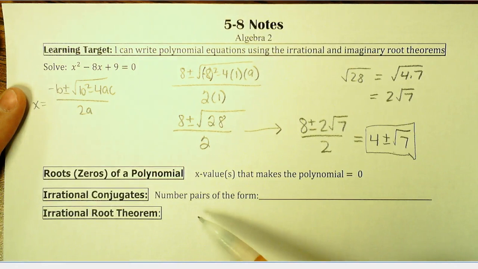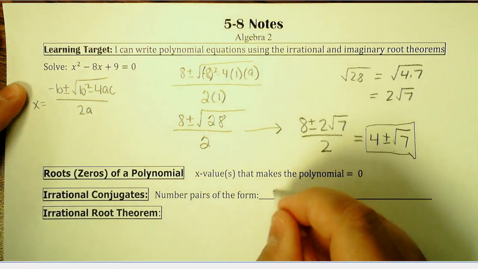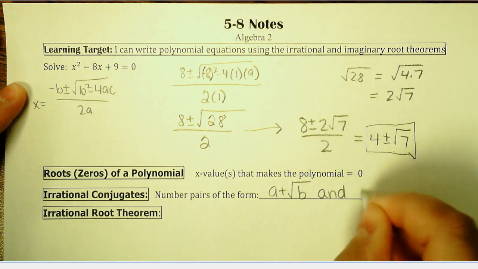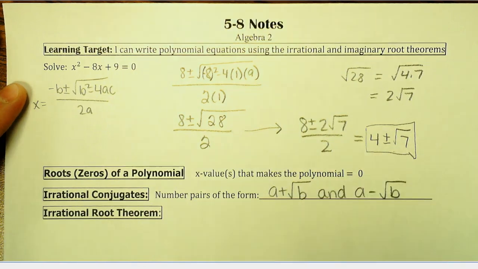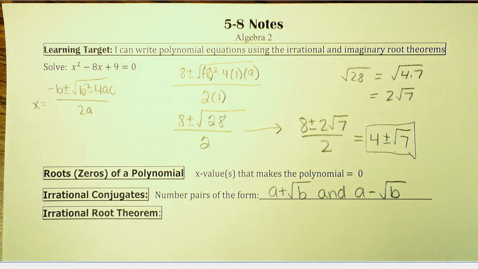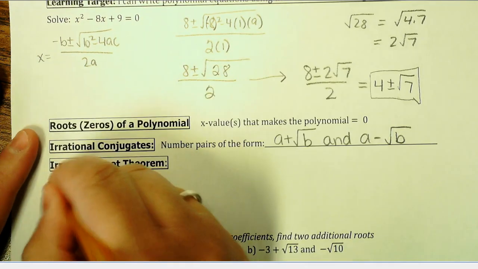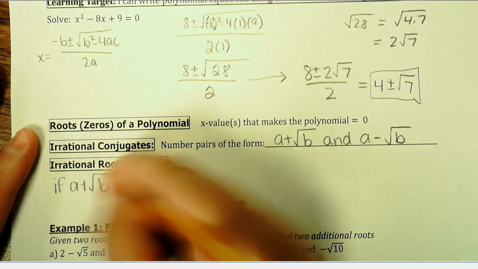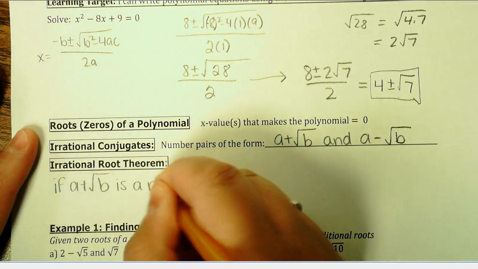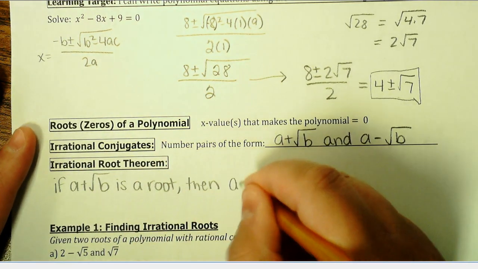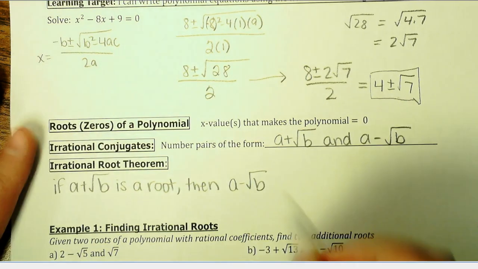Irrational conjugates are number pairs of the form a plus the square root of b and a minus the square root of b, where a and b just represent numbers here. And what the irrational root theorem tells you is that if a plus the square root of b is a root or a 0, then automatically a minus the square root of b is also a root.